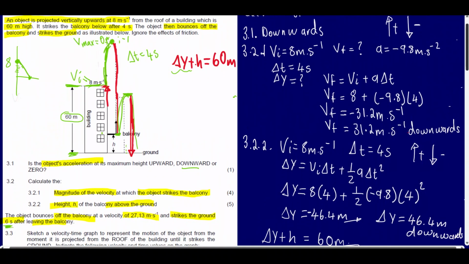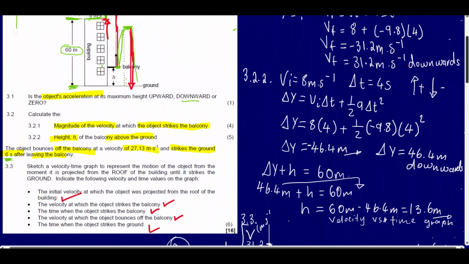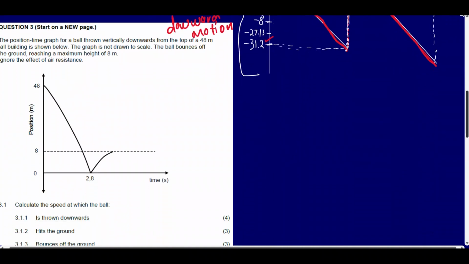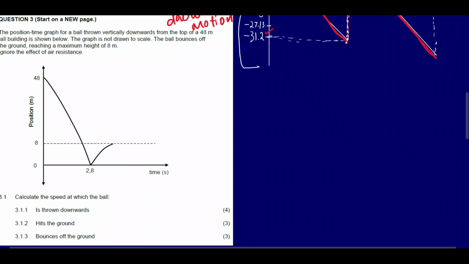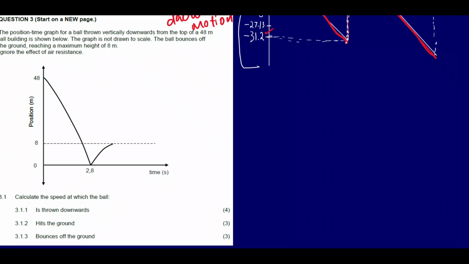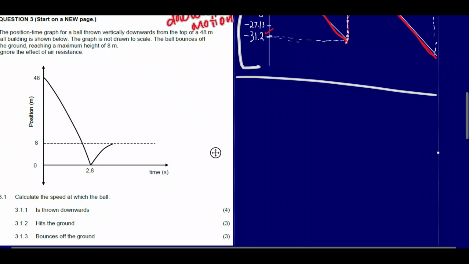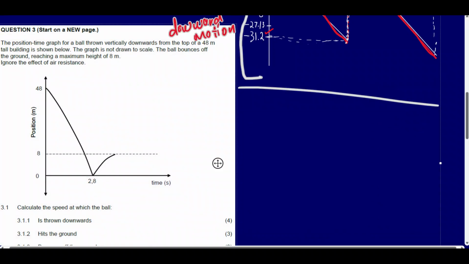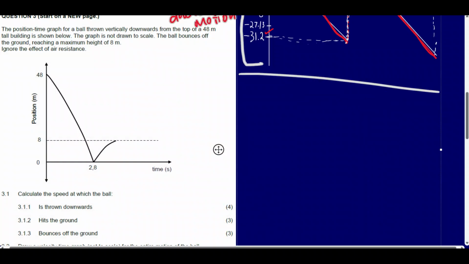So please have a picture of this and do it again yourself, and you will make sense of it. Let's now move on to the other question. Question 3.